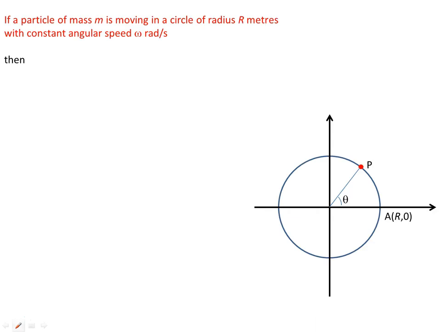If a particle of mass m is moving in a circle of radius r meters with constant angular speed omega radians per second, then the speed of the particle is given by r times omega, and the velocity of the particle will be tangential to the circle.